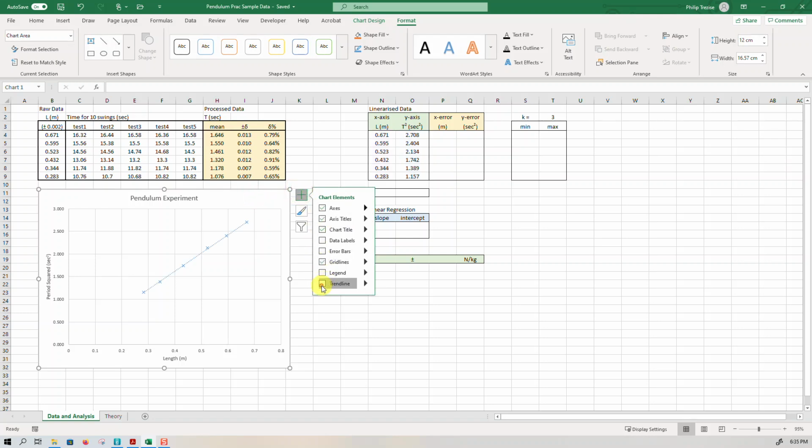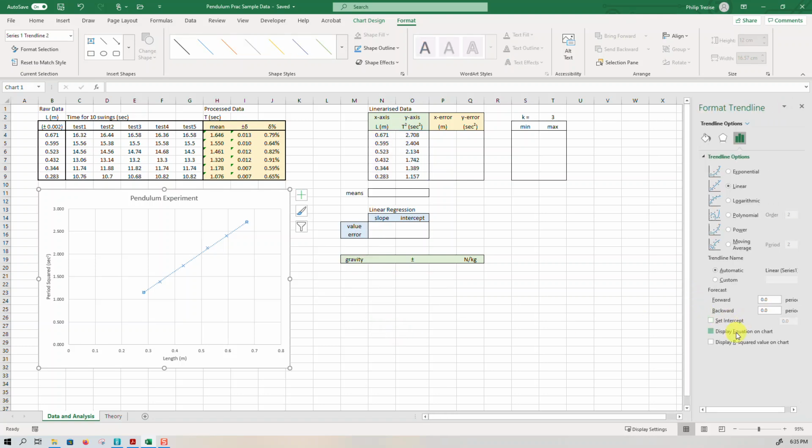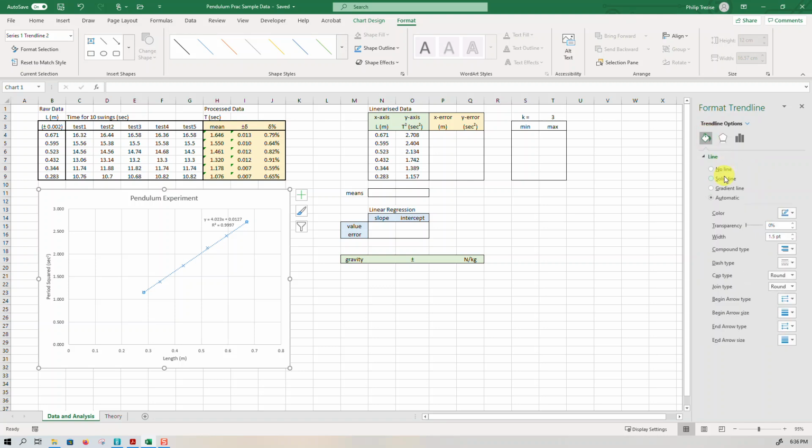Come down here to the trend line, go across to the options. I'll display the equation and the coefficient of determination, and I might just make that trend line a solid line instead of a dashed line. I might make it a little bit thinner.